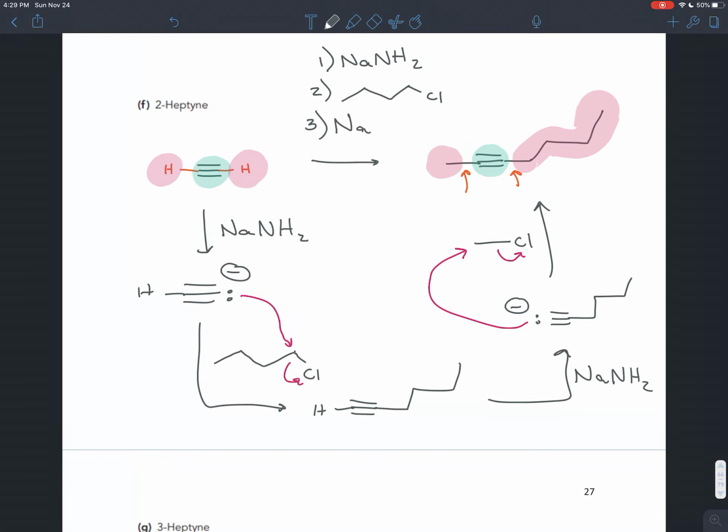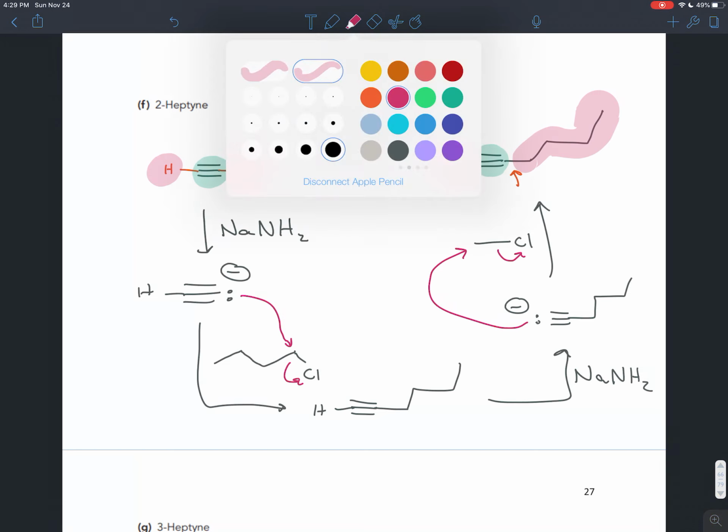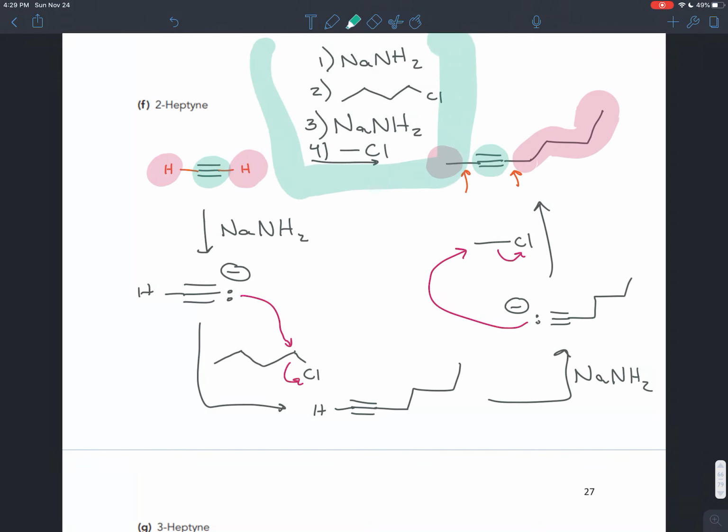We ripped the hydrogen off again with sodium amide in a separate step, and finally, once we have that carbon nucleophile, we look at the carbon chain we want to add and just draw it with a leaving group on it, and that gives us a recipe that creates our transformation. That recipe will allow you to turn acetylene into 2-heptyne.